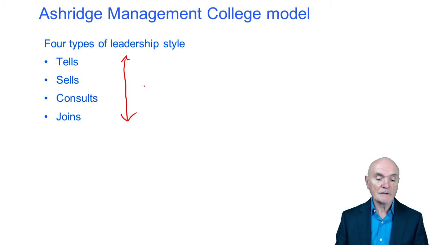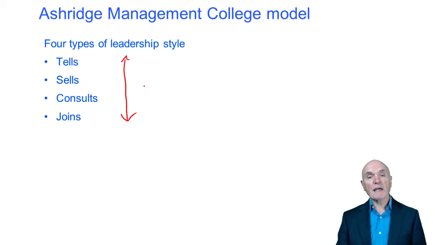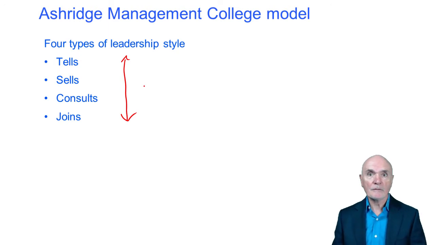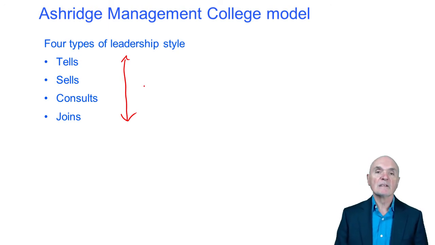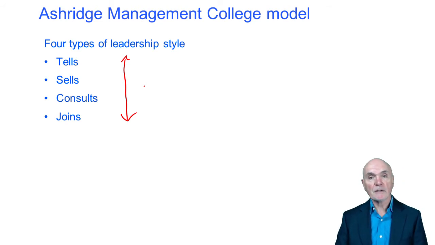We'll see when we get onto something called contingency theory that it perhaps depends on a number of variables. So it might be hard to ever think when joins is going to be the correct way of leading, where it's going to be a very democratic decision. It might be okay if you're arranging an annual day's outing somewhere, or some sort of social activity that the employees were going to be part of.